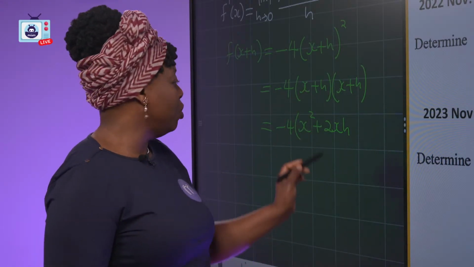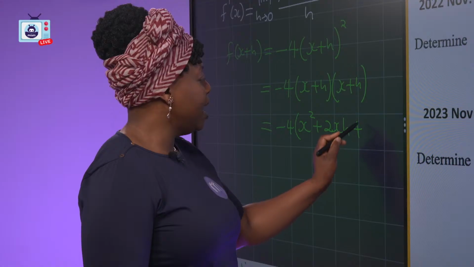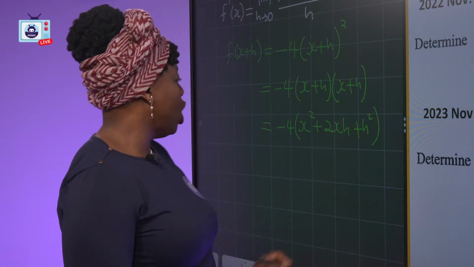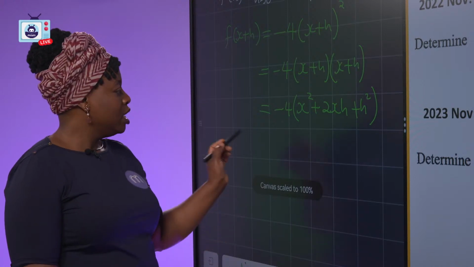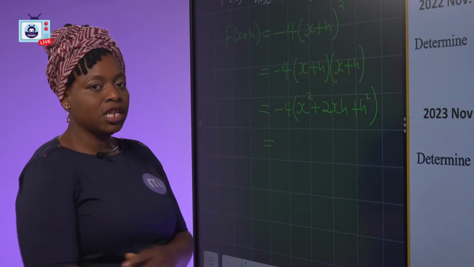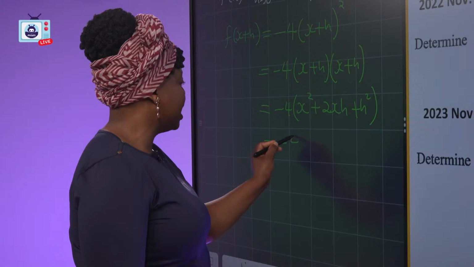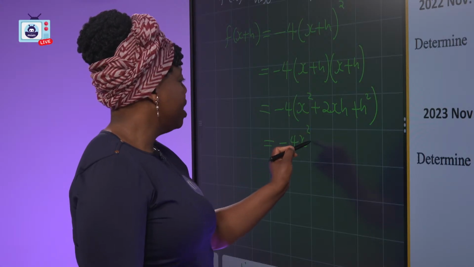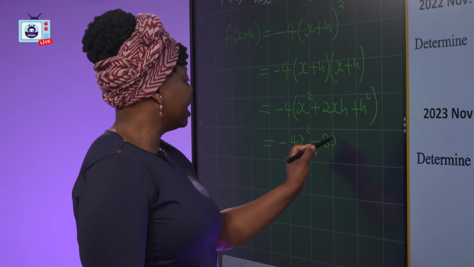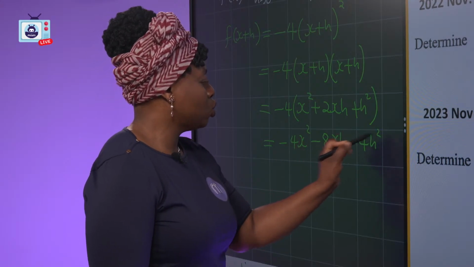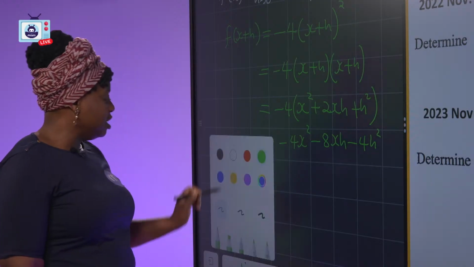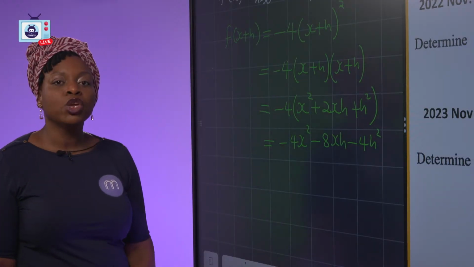Then the two of them will give us 2xh. Then we add our h squared, because h times h will give us h squared. You can right away just remove the brackets, and you have negative 4x squared minus 8xh minus 4h squared. Then when you have this, you can go to your formula and then you substitute.